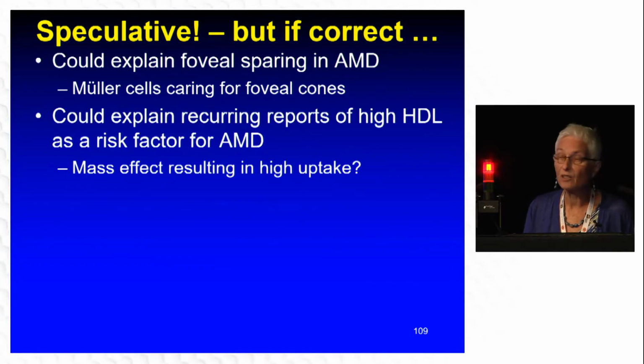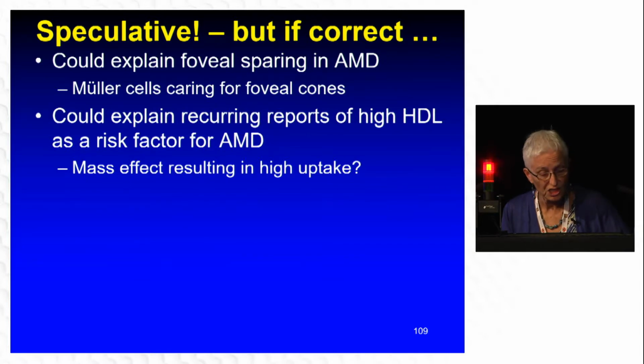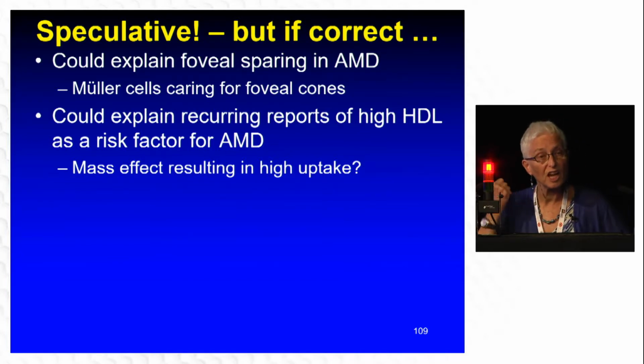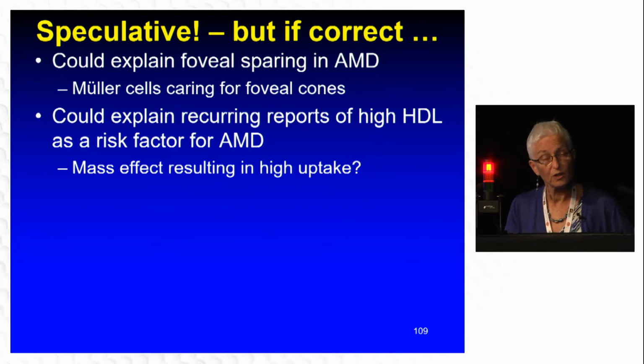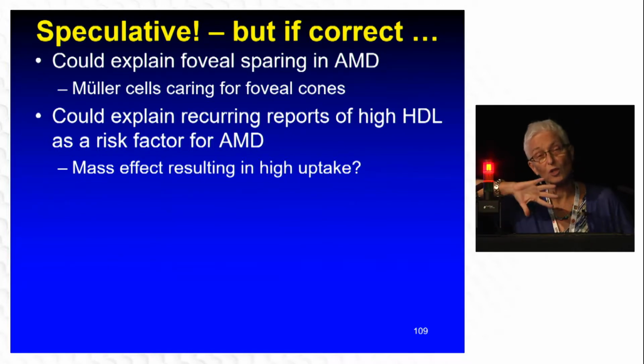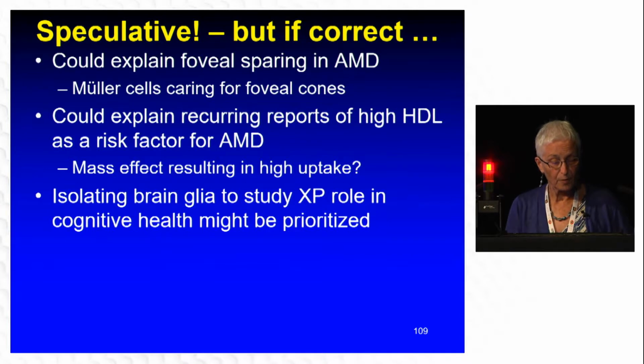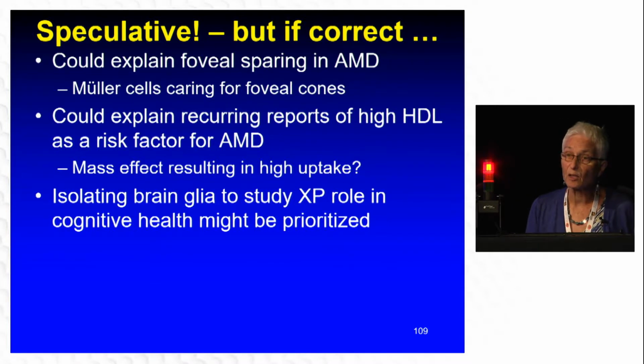It could explain recurring reports of high HDL as a risk factor for AMD, and that's because there may be a mass effect of HDL bringing in xanthophylls, resulting in high uptake, but also a need to offload more lipids at the end. It suggests that isolating brain glia to study xanthophyll pigment role in cognitive health might be a prioritized research direction.